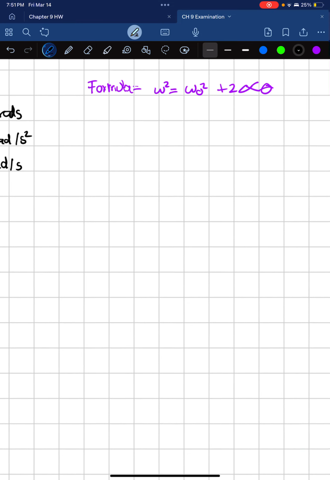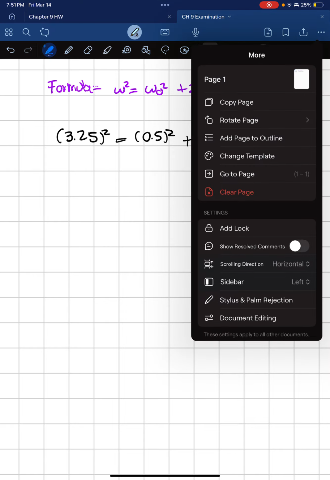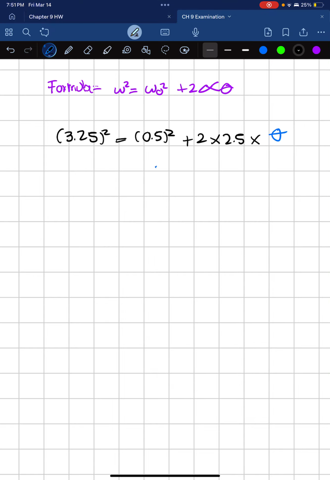Okay, let's plug in what we know. We have that 3.25 squared equals 0.5 squared plus 2 times 2.50 times the angle, which is what we have to find out.